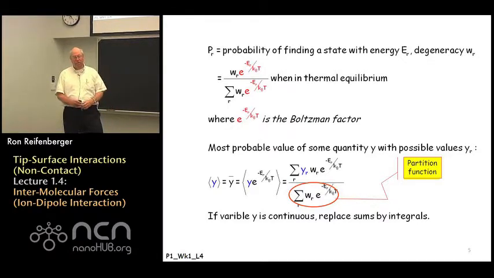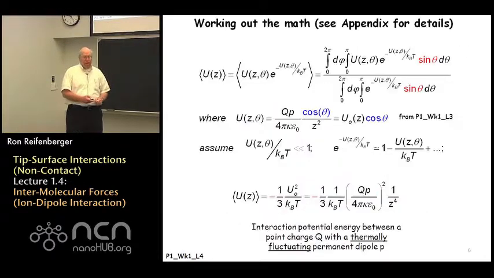That's the challenge that we're going to face. And since theta is a continuous variable, we no longer have sums. We have to replace the sums by integrals because we're going to integrate over all possible values of theta. The details of this calculation are worked out in the appendix for those of you that are particularly interested.